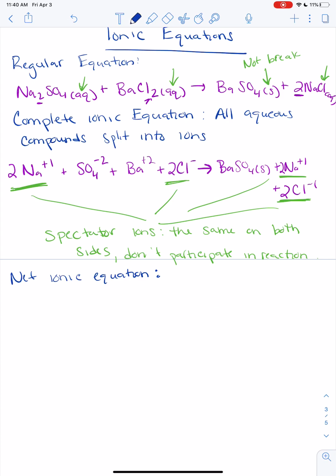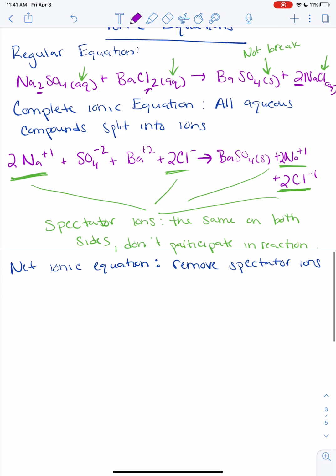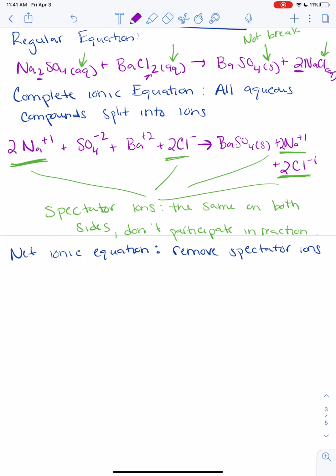Which is an equation where you remove the spectator ions. And so you only have the elements that are directly involved in the reaction. So we're going to remove those ones that I underlined, those spectator ions. So now I just have SO4 -2 plus Ba plus 2 yields BaSO4 solid. And this would be our net ionic equation.